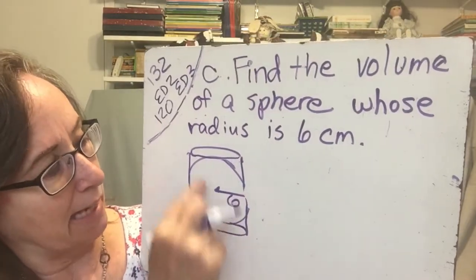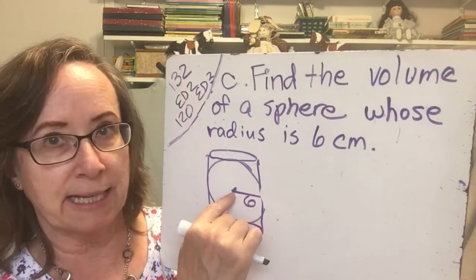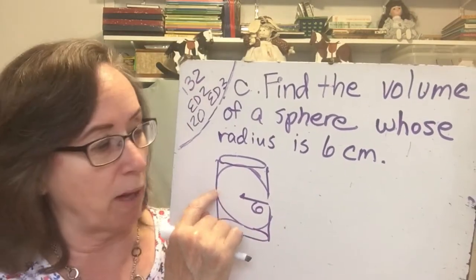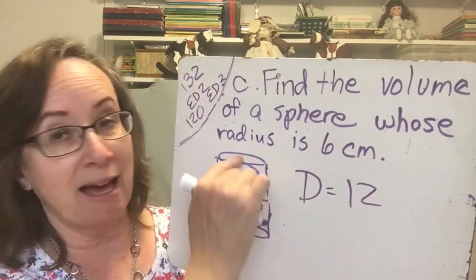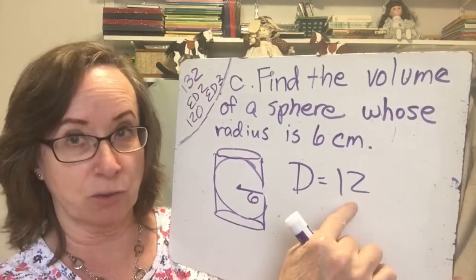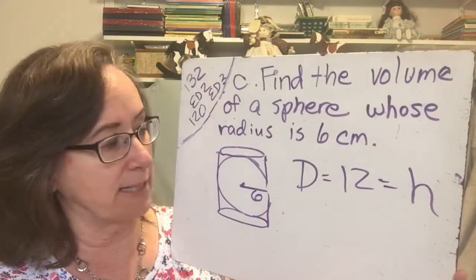It would be exactly touching the top and the bottom. So if this has a radius of 6, doesn't it have a diameter of 12? So the diameter is 12, which means the height of this cylinder is 12 centimeters.